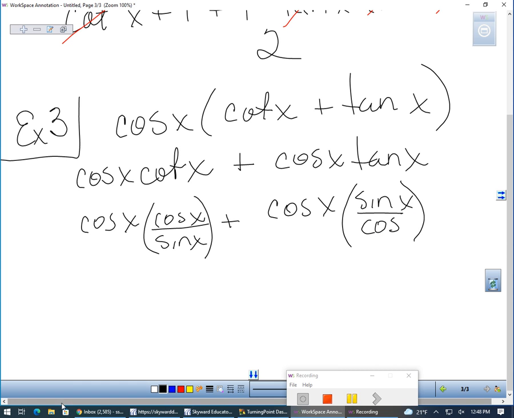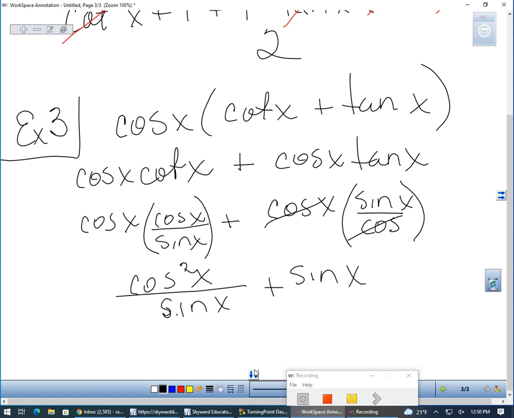What do you notice? Can we cancel anything here? Nope. So this is cosine squared x over sine x. Everybody agree? Plus, what do you notice over there? Those cancel, leaving sine x.